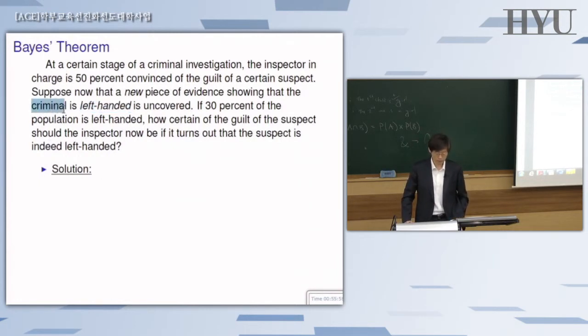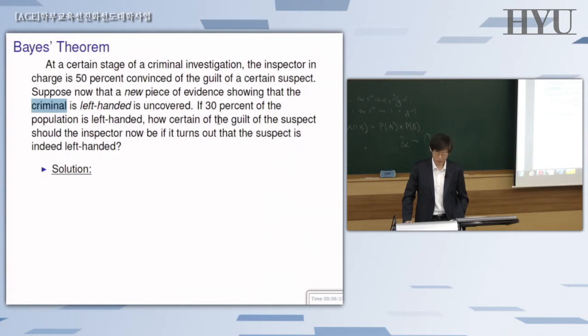So that's about the criminal, the guy who actually committed the crime. So this suspect may be left-handed, maybe not. We don't know. But we do know that the criminal, the actual guy who committed that crime, is left-handed.